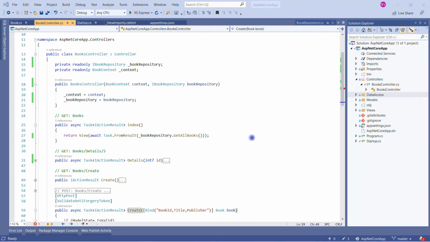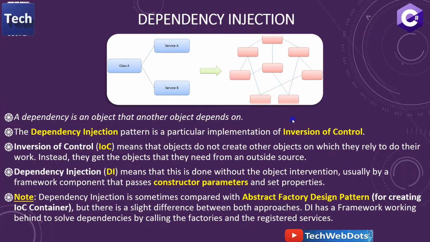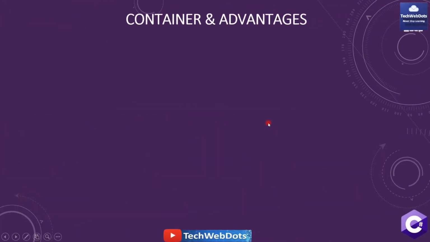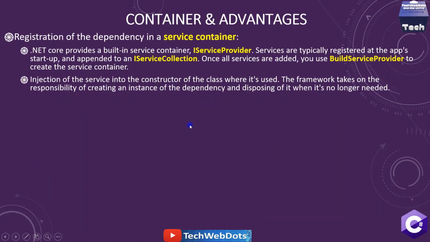Before closing the session, I want to cover some very important concepts from the container and the advantages point of view. So let's go back to the session. From the container point of view, the point that I want to share with you is registration of dependency in a service container. .NET Core provides a built-in service container, IServiceProvider, that we have just seen, and services are typically registered at app startup and appended to the IServiceCollection.